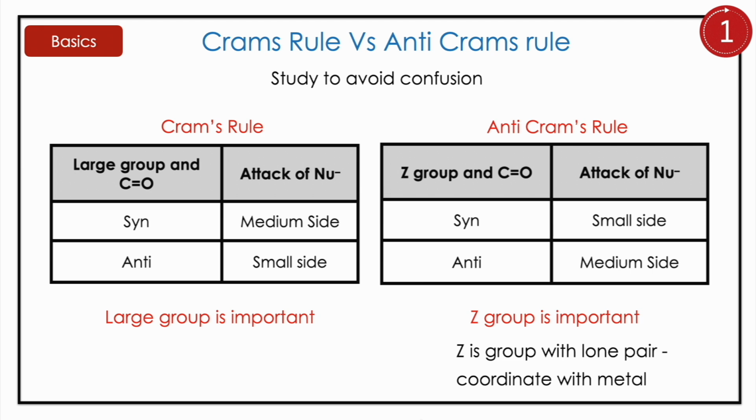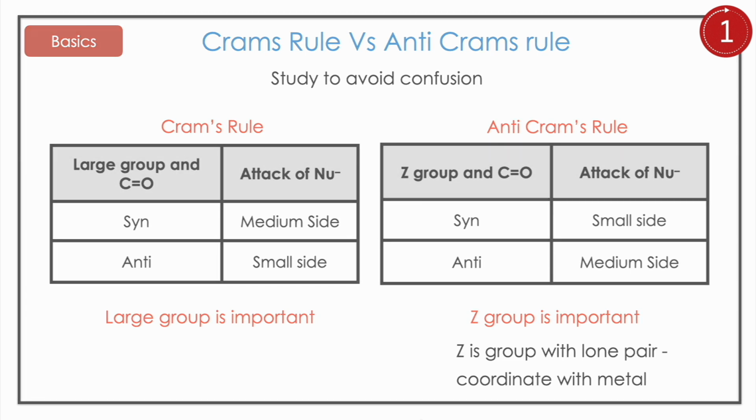Anti means small side attack. In anti-Cram's rule, the Z group decides. If the Z group and C=O are syn, it means small side attack. Anti means medium side attack. So in Cram's rule, the large group is important. In anti-Cram's rule, the Z group is important.